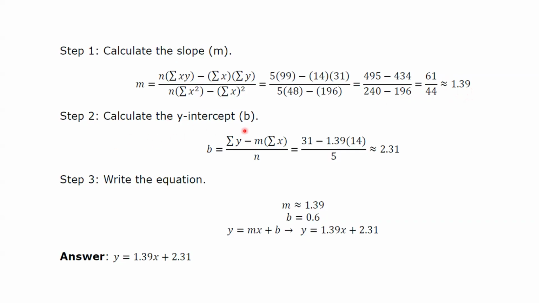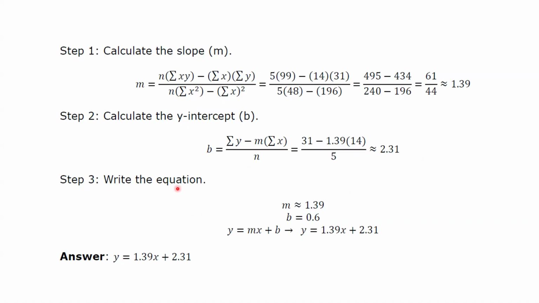Next, we calculate the y-intercept. So that's b equals the sum of y minus m times the sum of x. So that's 31 minus 1.39, that's what we got from step 1, times 14, all divided by n, and n is 5. So that gives us 2.31.